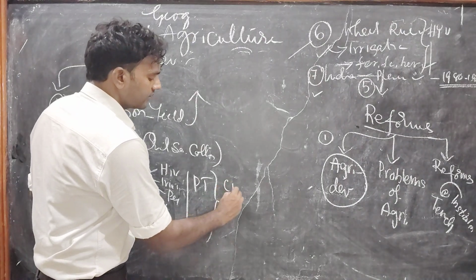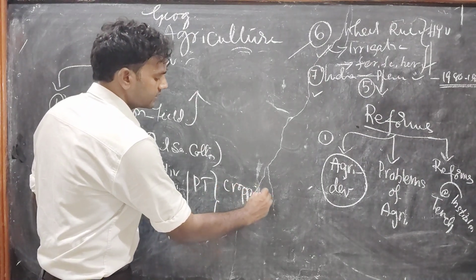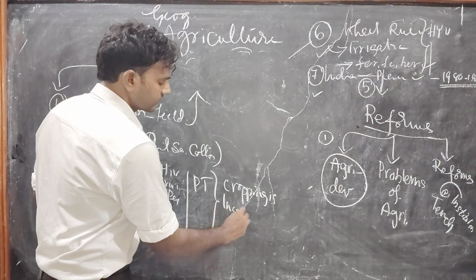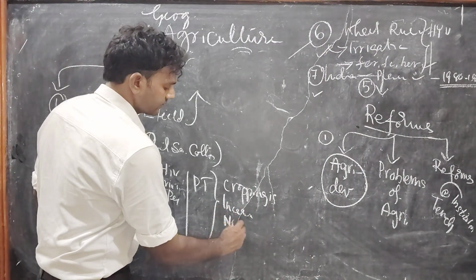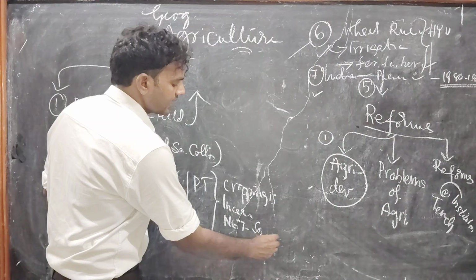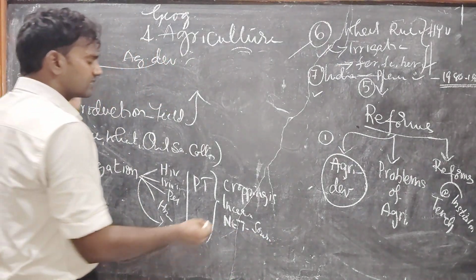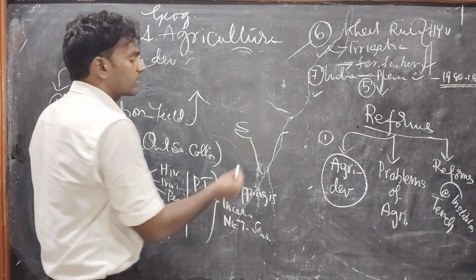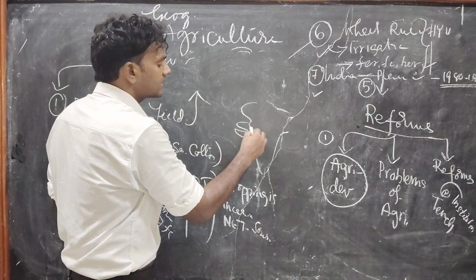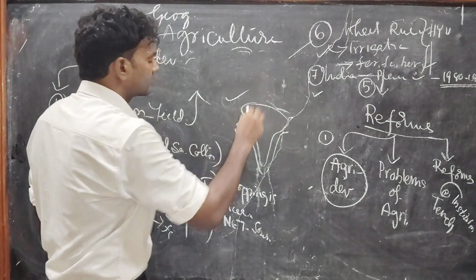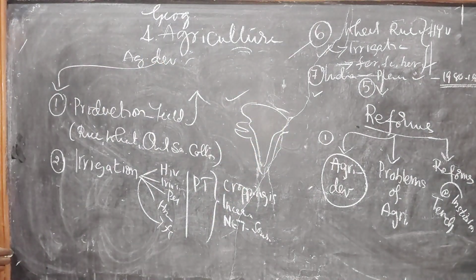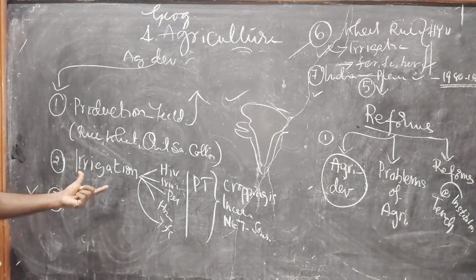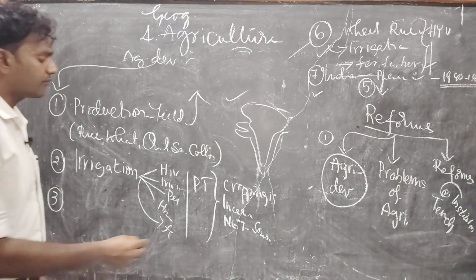The cropping area, or net sown area, is increased. For providing water, they used to provide water, so the cultivated land increased. That's it. Coming to the third point, it is about good things. The bad point is, for using packaged technology, we need to use a lot of irrigation.